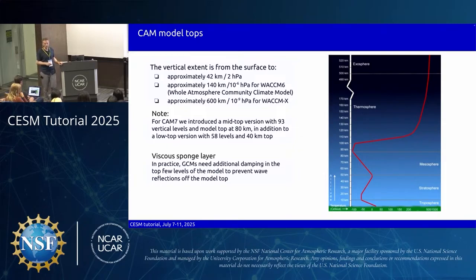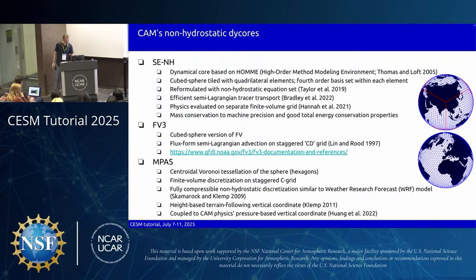Don't look at the solution up there, or don't do science up there. Okay. If you're interested, here are, just in words, some of the characteristics of these non-hydrostatic dynamical cores. But in the interest of time, I won't go through that, but I'll happily take some questions.